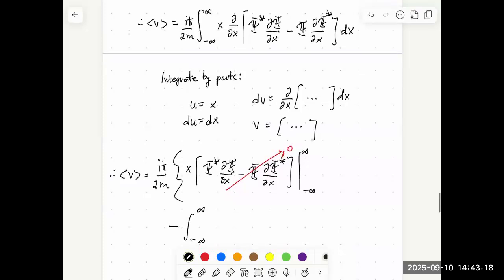And so let's get that back on the screen. It was phi star d phi dx minus phi d phi star dx. Okay. And then du is simple. It's just dx. So we'll have a dx here, like so.